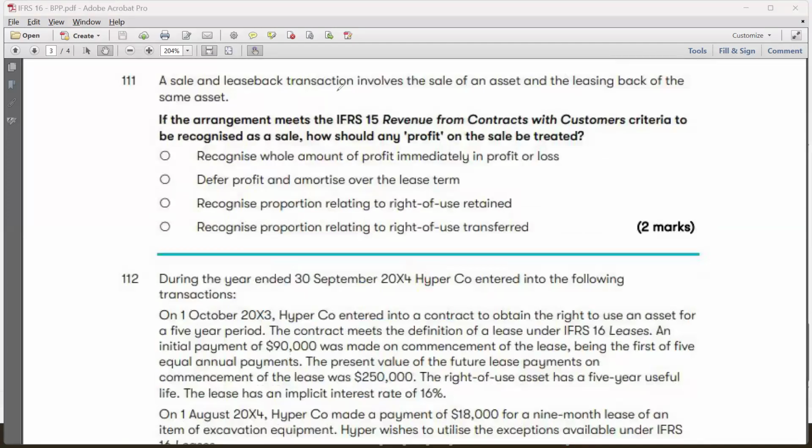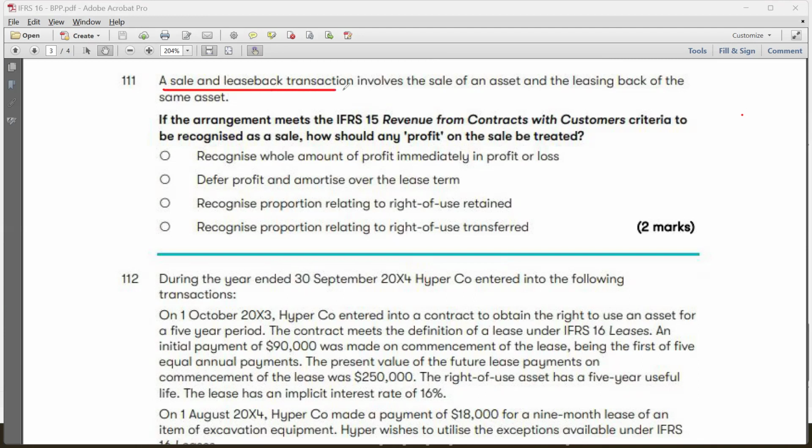A sale and leaseback transaction involves the sale of an asset and the leasing back of the same asset. If the arrangement meets the IFRS 15 Revenue from Contracts with Customers criteria to be recognized as a sale, how should any profit on the sale be treated? Now here you need to understand the situation of sale and leaseback.